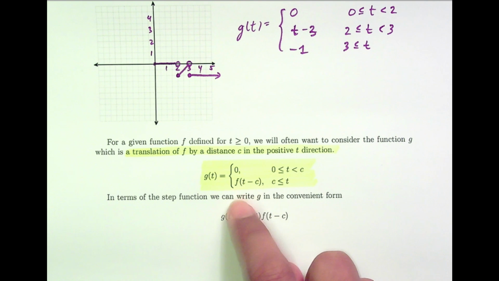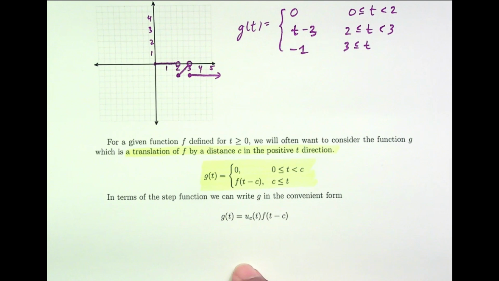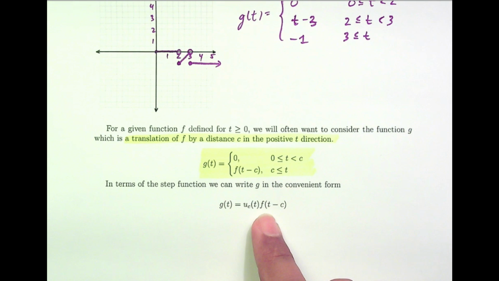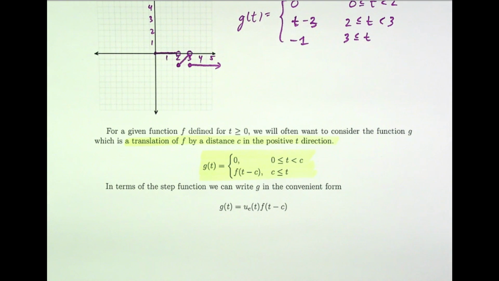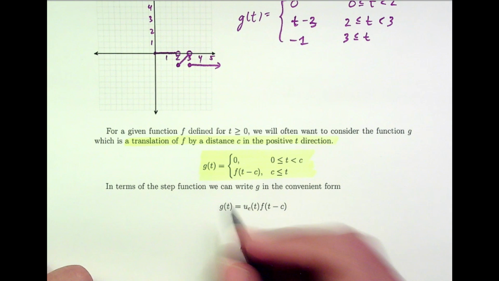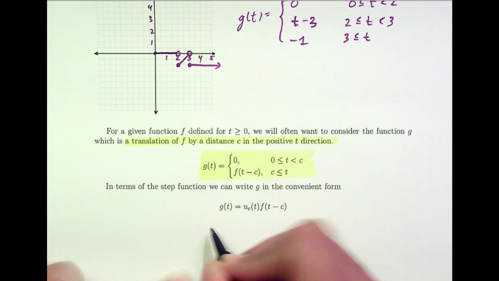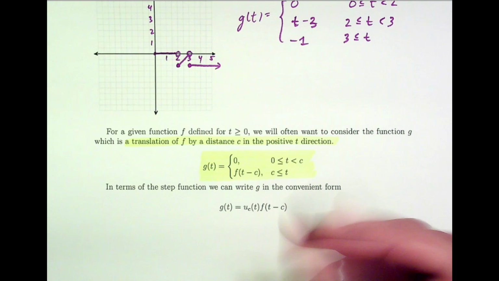You can simplify this formula right here by just writing it like this. So it is g of t equals the unit step function at c times f of t minus c. And you can see that it's the same thing because you start out with this. Let me write that here.